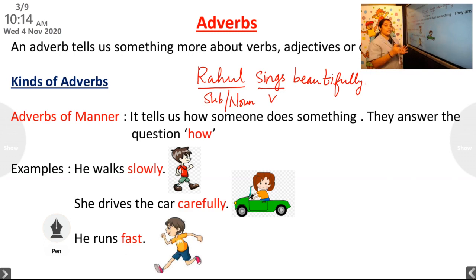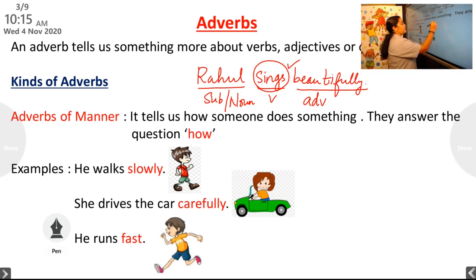Now which word tells us how Rahul sings? This word, beautifully. So the word which tells more about the verb is called an adverb. This word beautifully tells us how he sings. So the word which tells more about the verb is called an adverb.